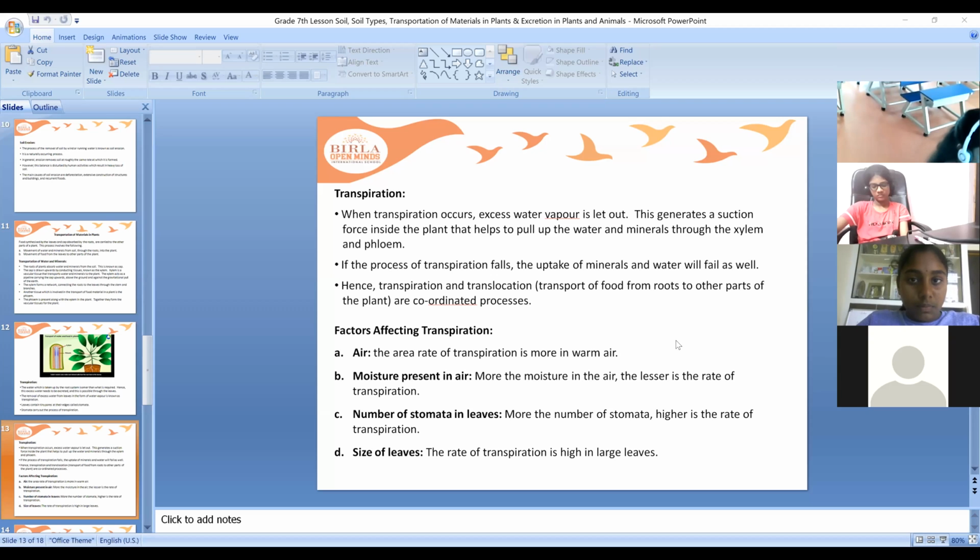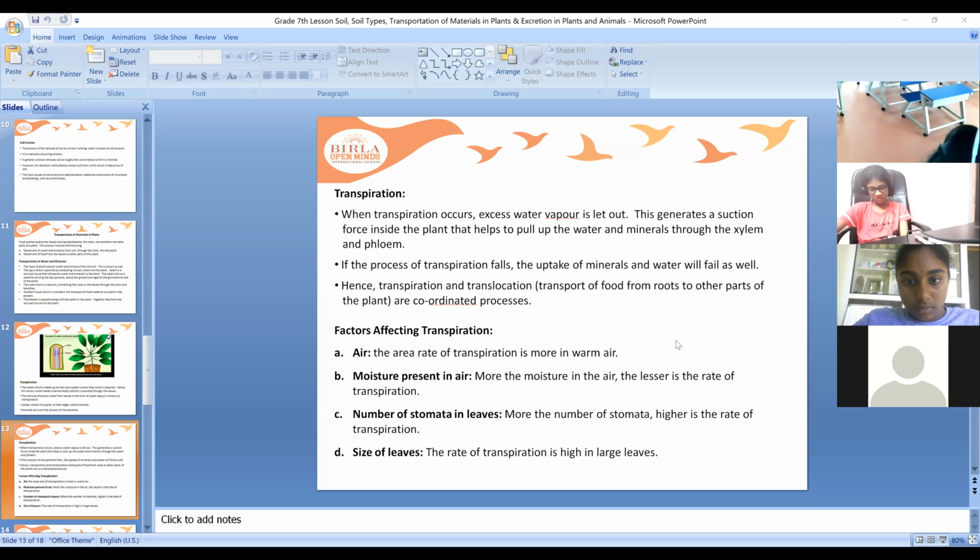So the factors which affect transpiration are air, moisture present in the air, number of stomata in leaves, and size of leaves. If we see air, the rate of transpiration is more in warm air.